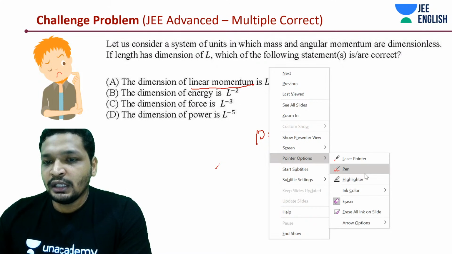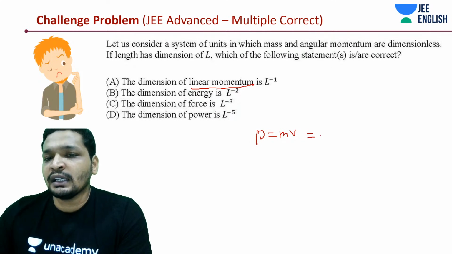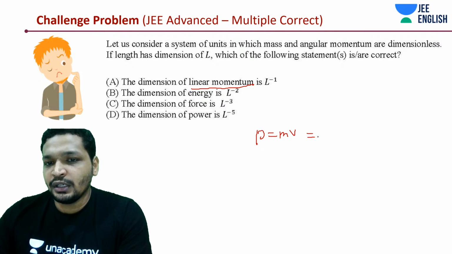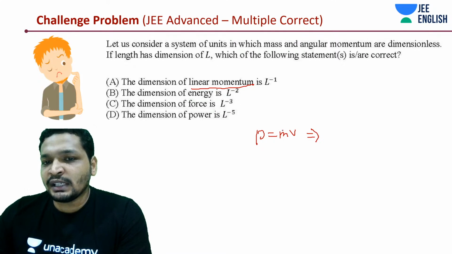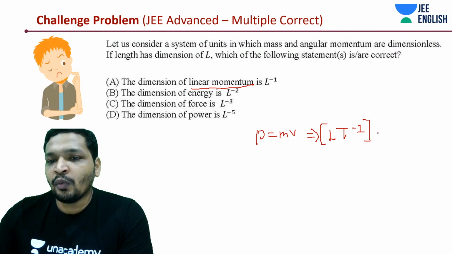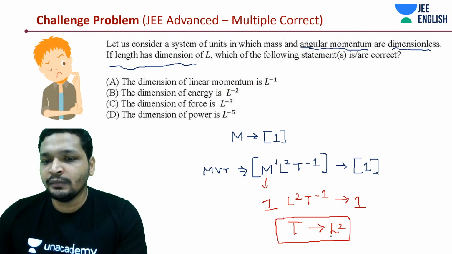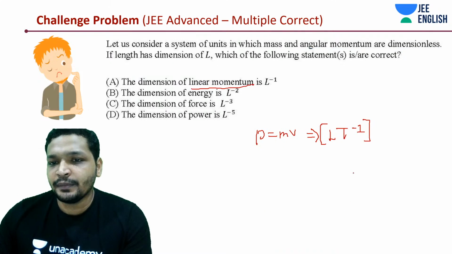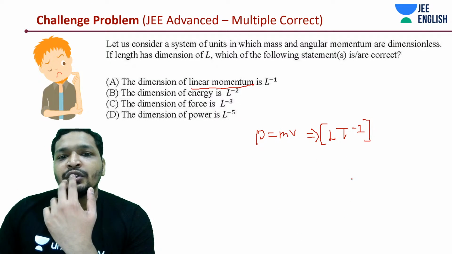So this would be just in length and time. This should be L into T to the power minus 1. And if you remember, what was the dimension of time? L square. So that it should be L cube.